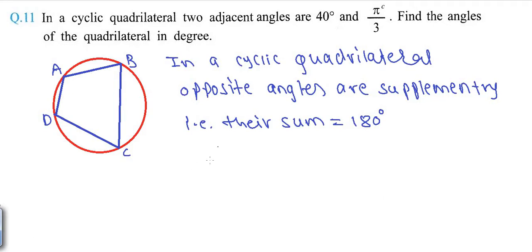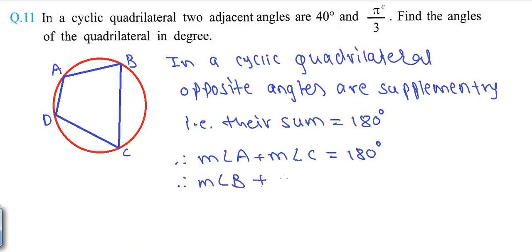Now here the opposite angles are A and C. Therefore measure of angle A plus measure of angle C is equal to 180 degree, and measure of angle B plus measure of angle D equal to 180 degree.